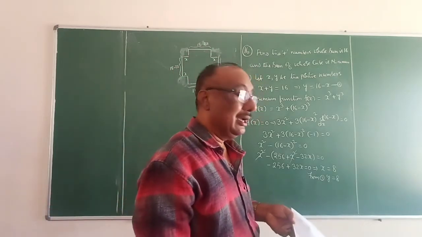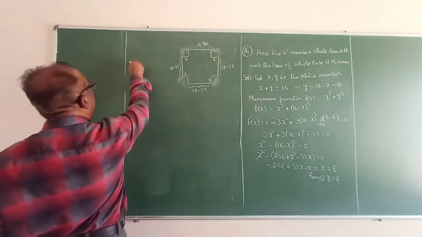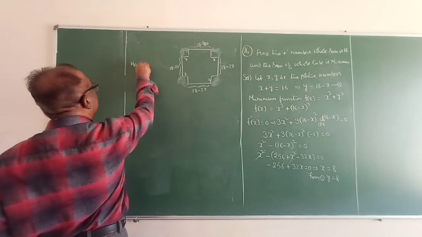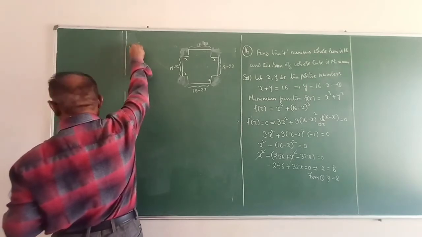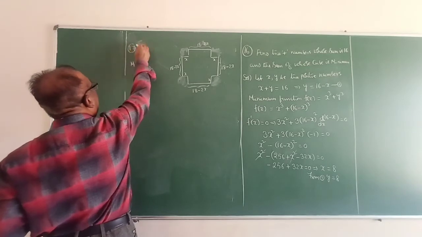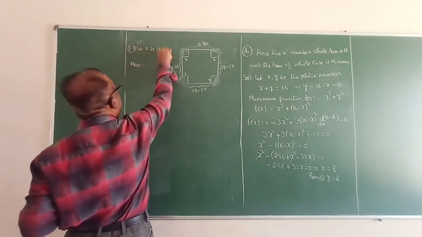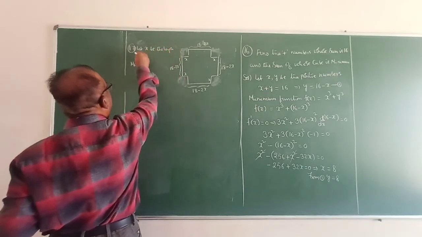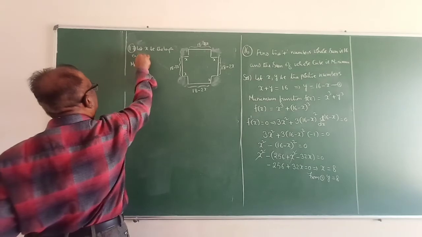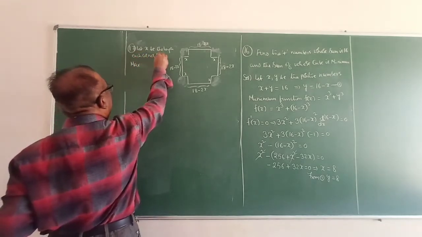I am going to take the volume as the maximum function. Everyone, write down this 17th problem, important. Let x be the length of each corner of the square.